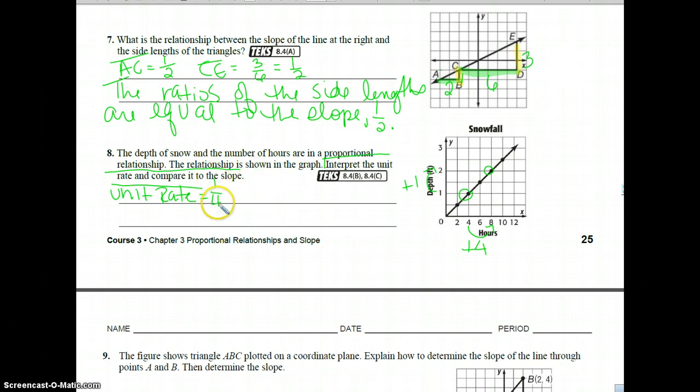And what is our slope? And our slope is what, Jake? Since unit rate equals slope, it's 1/4. And our slope is also 1/4. So what can we say about them? They are equal. They are the same. All right, any questions about that one? New?